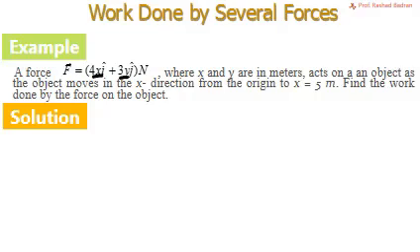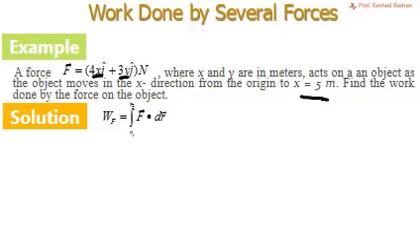This force acts on the object and displaces it along the x-axis from a position at the origin to another position 5 meters away from the origin. How can you get the work done by this force on the object?